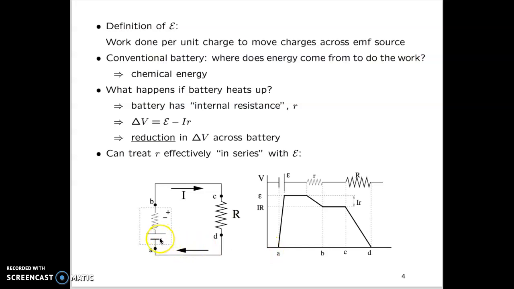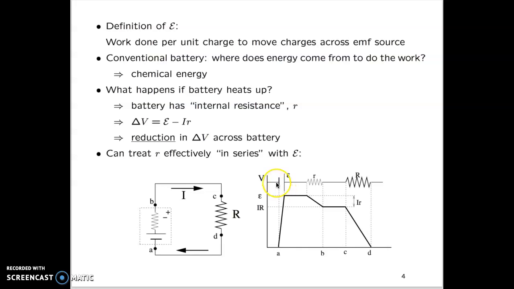We'll deal with each separately. I'm plotting electric potential on the y-axis and position on the circuit on the x-axis.